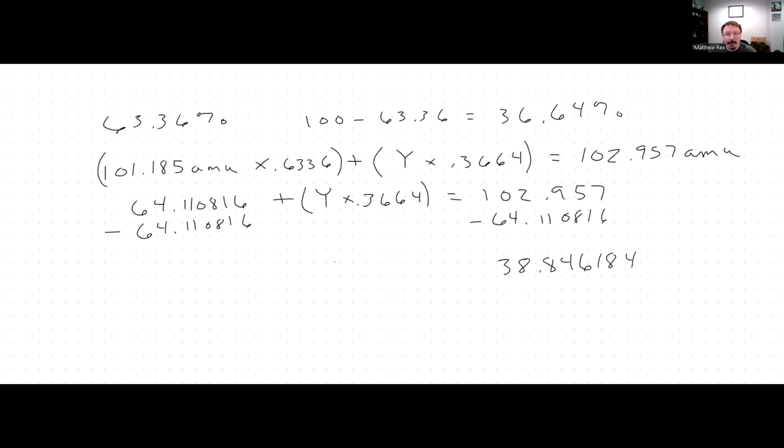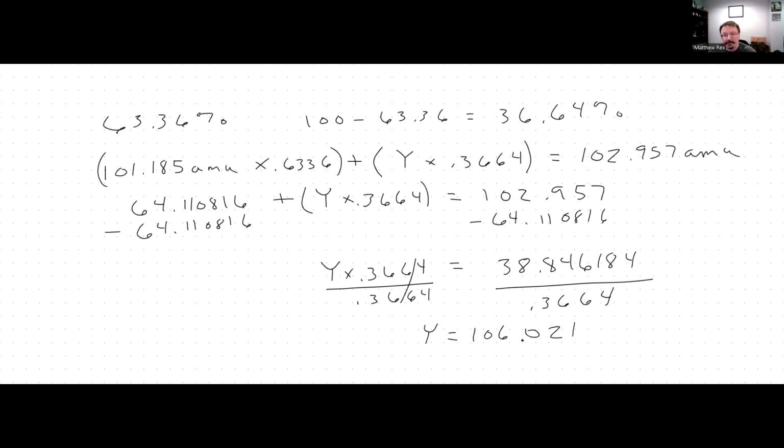Now, since I have y times 0.3664, to remove that on the left side, I would divide by 0.3664. And whatever I do on one side, I have to do on the other. So doing this will cancel that there and give me now that y is equal to 106.021. If we're going with 4 sig figs, that'd just be the 106.0 AMU.